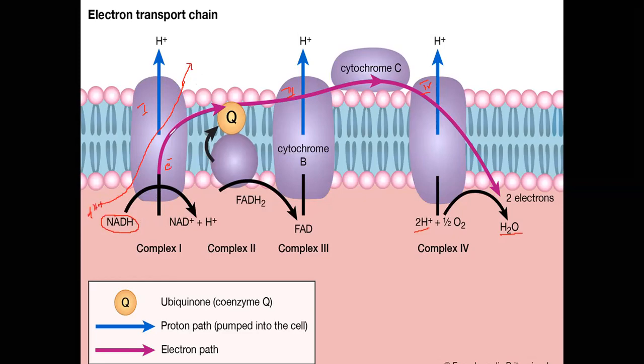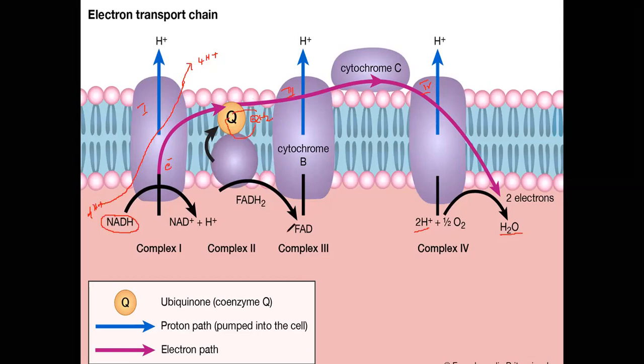4 protons are transferred across the membrane at complex 1 from inside of the mitochondrial matrix to the periplasmic space. In the case of prokaryotes, from the cytoplasm to the periplasmic space above the plasma membrane. And the electrons transferred to quinone reduce the quinone, which receives protons and can oxidize, and a Q cycle takes place here.